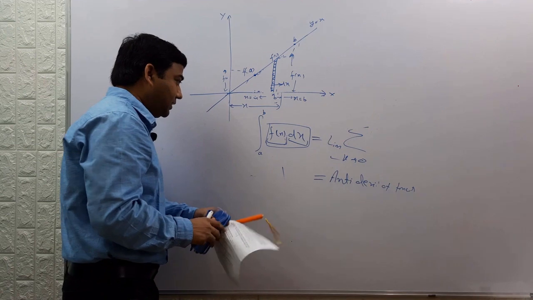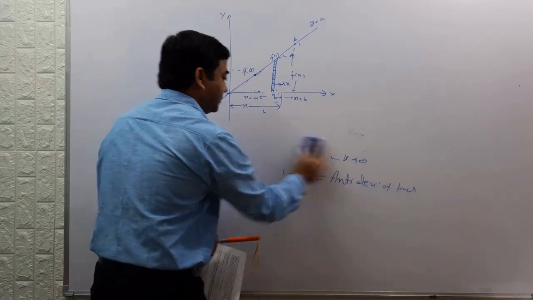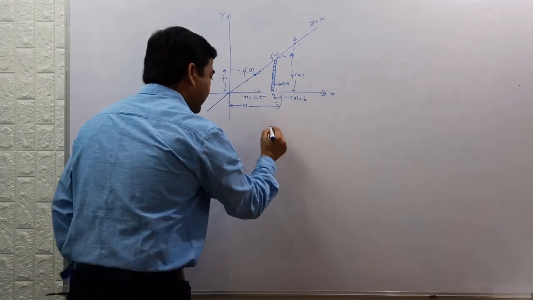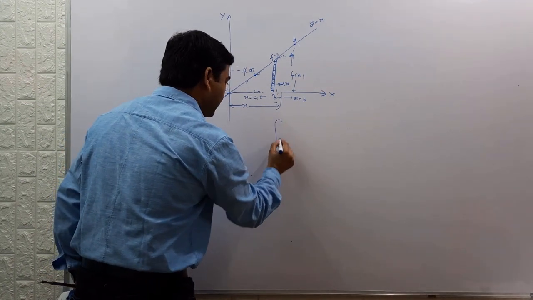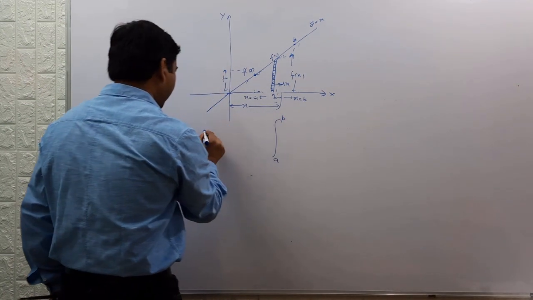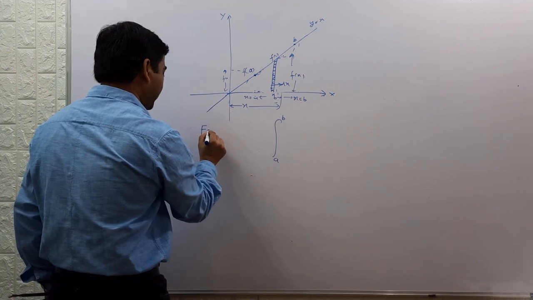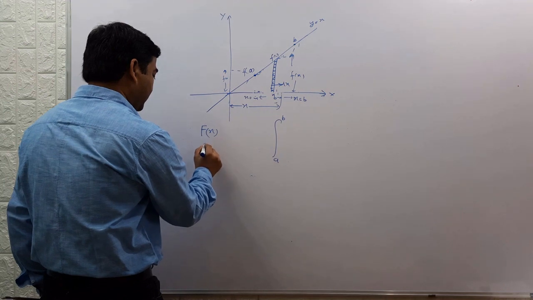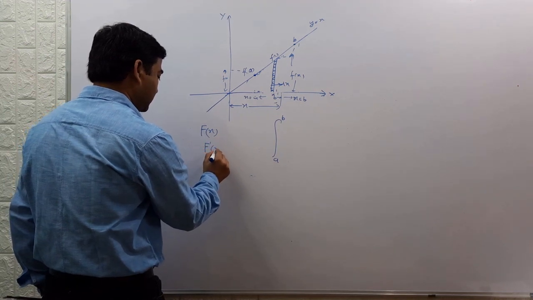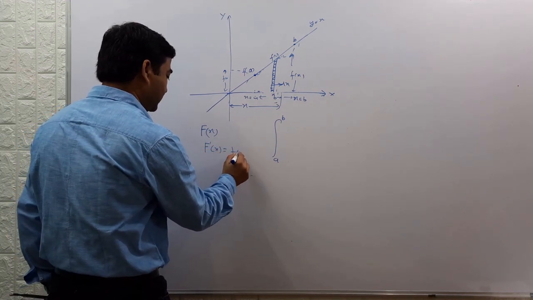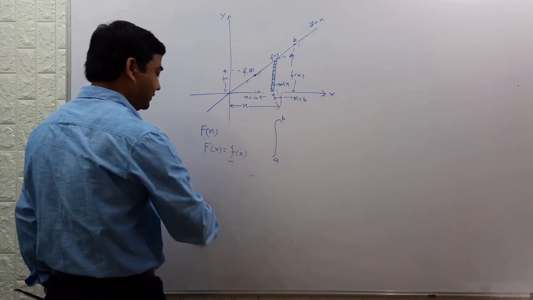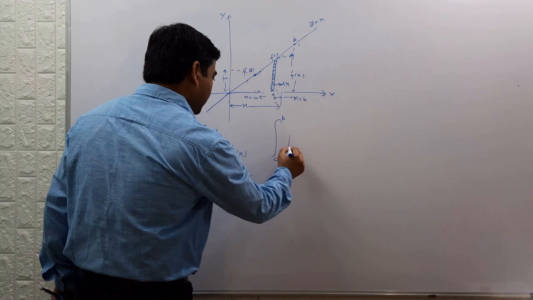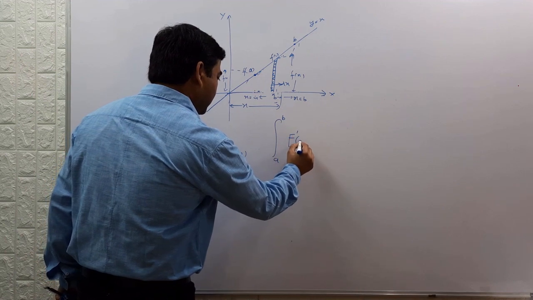How is this written mathematically? Let F(x) be a function, and the derivative of F(x) is equal to f(x), small f. This is small f.